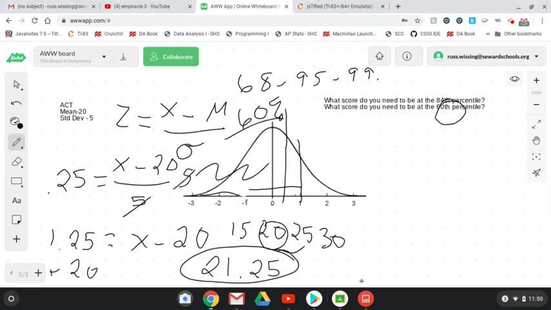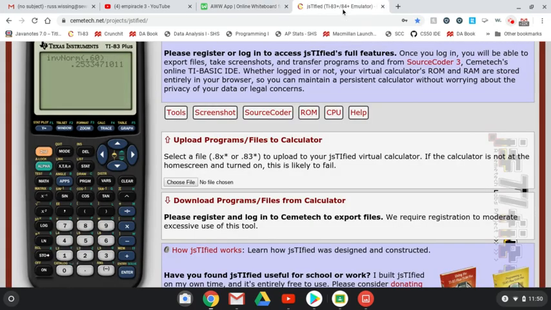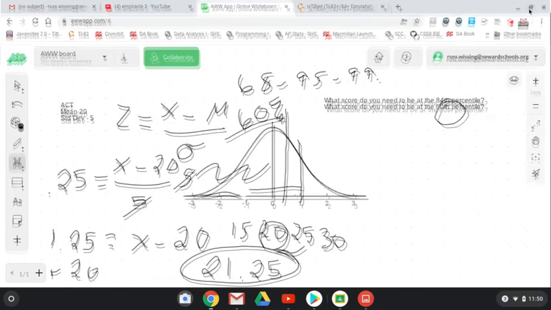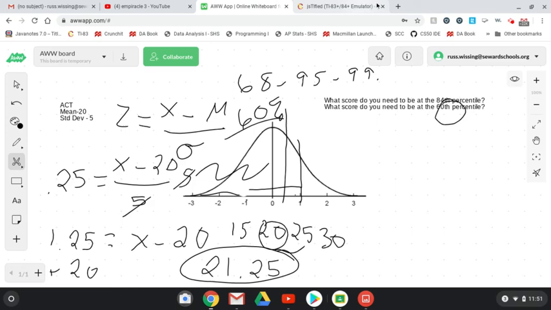Okay, can I stop my sharing? What happened to that screen? All right, come on. It says, where's my stop sharing? God, I hate these things.